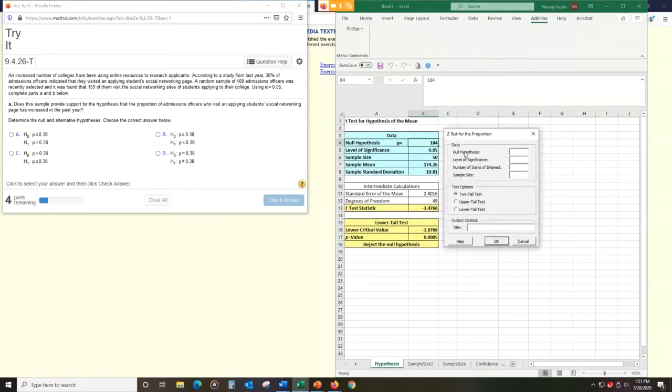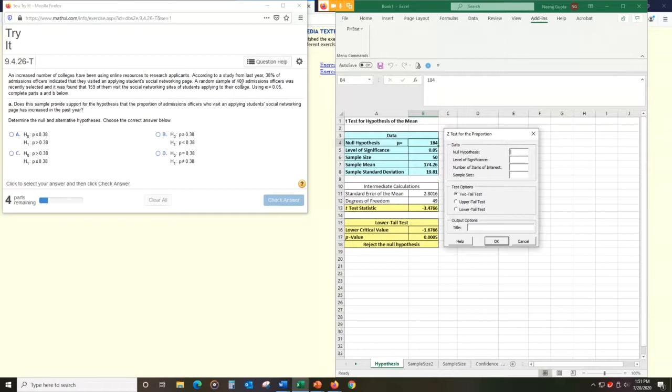Okay. Now, if you look into this window, we need null hypothesis as we need it for our mean. We need level of significance and we need number of items of interest. It is exactly same as X, which we have done in chapter 8, the confidence interval. Either you are given or you are finding that. Understood? So here, first step is find the hypothesis. So it says, according to study from last year, 38% of admissions officers indicated that they visited an applying students' social networking page.